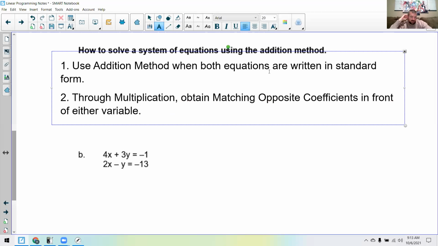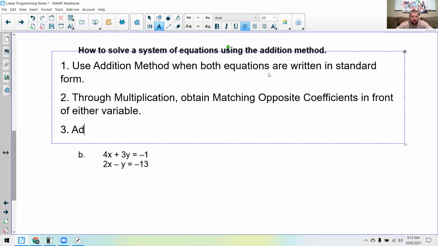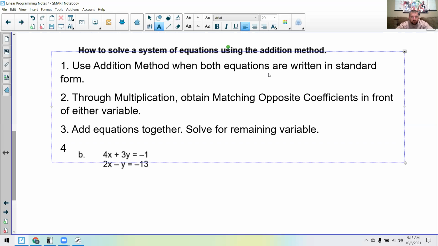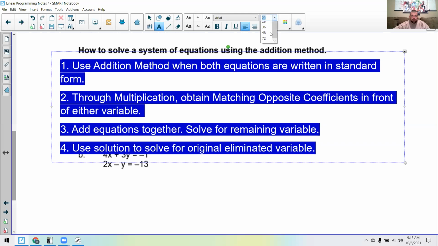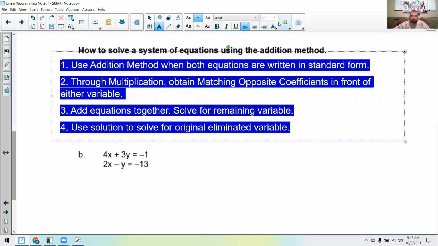Sometimes one variable will be easier than the other, doesn't really matter. Add equations together. Solve for remaining variable. Use solution to solve for original eliminated variable. Make that nice and bold. There you go.